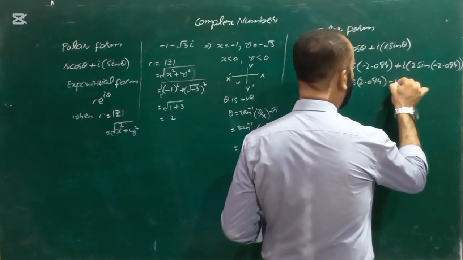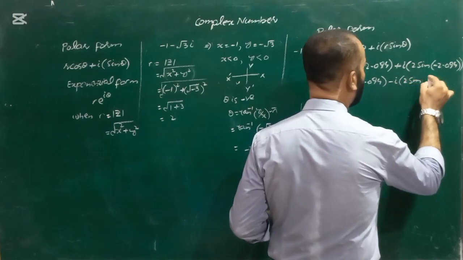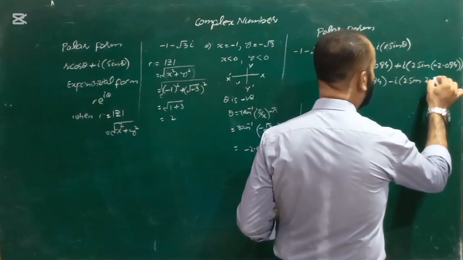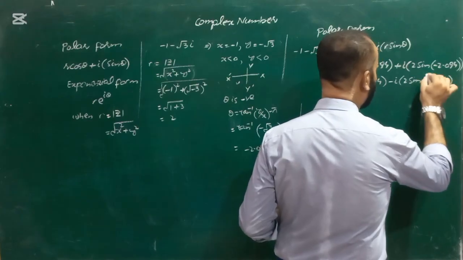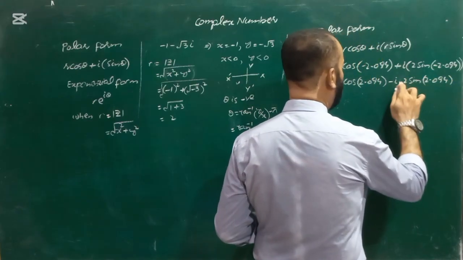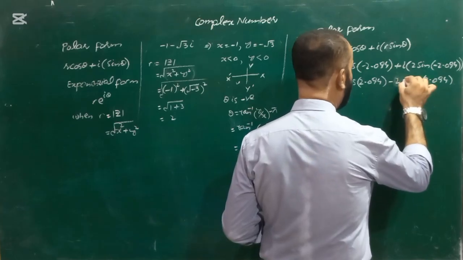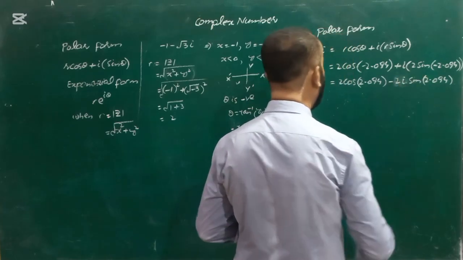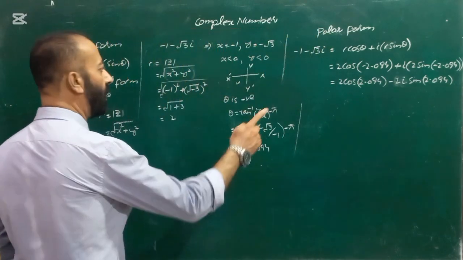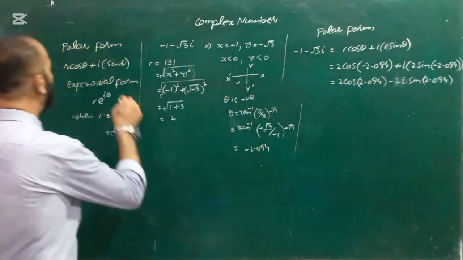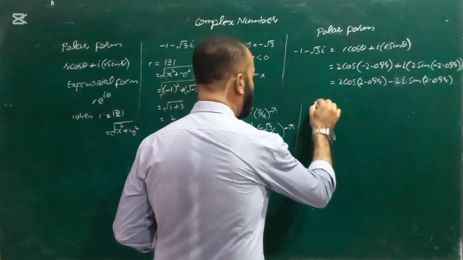So minus iota 2 sine 2.094, and this 2 can be placed here. So minus 2 iota. So this is the polar form of this complex number. Here is also r.